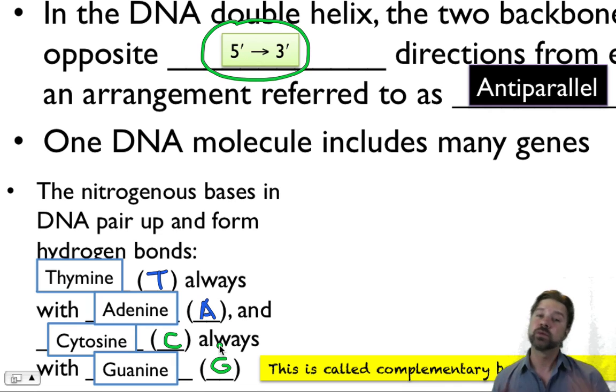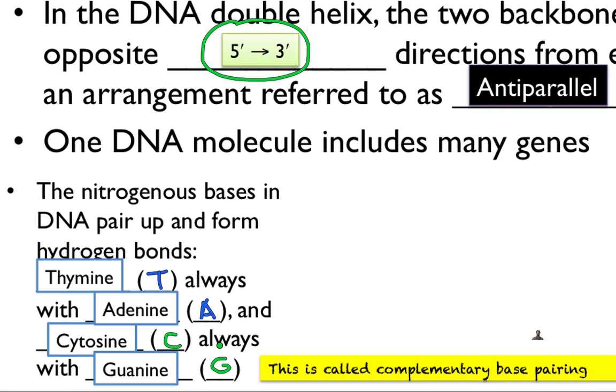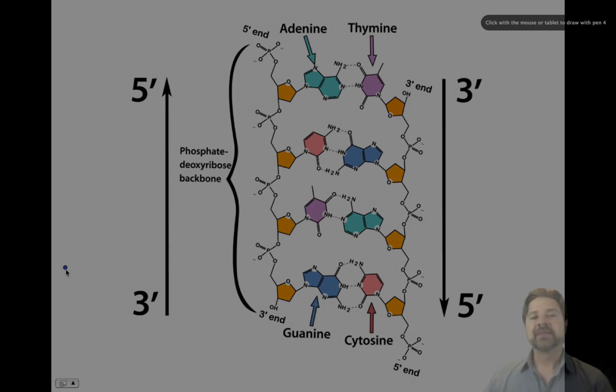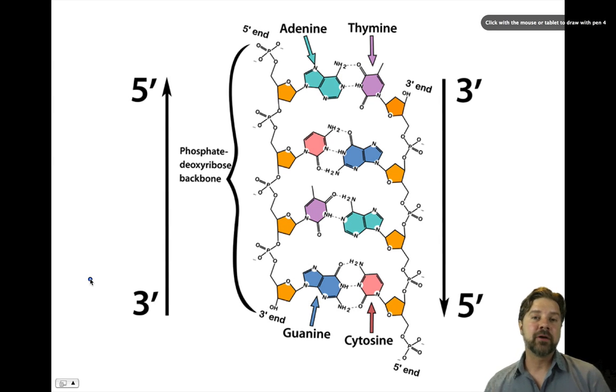It's who connects with whom as we go down a double strand of polynucleotides. When A is always bonding with T and C is always bonding with G, it's called the law of complementary base pairing. This slide here shows you the anti-parallel nature of the two sides of a DNA molecule.